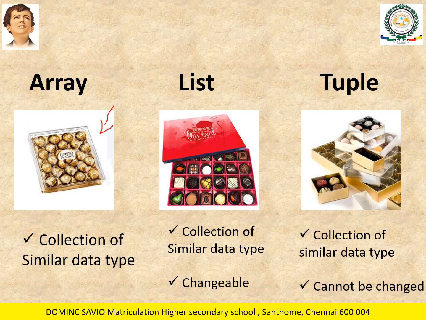Can you see this picture? It is a box of chocolate which has only Ferrero Rocher chocolate, the same type of chocolate. So all the chocolates will be in the same flavor, right? So an array is a collection of similar data type, which means it can have either only integer numbers or only strings or only floating point values or only characters.